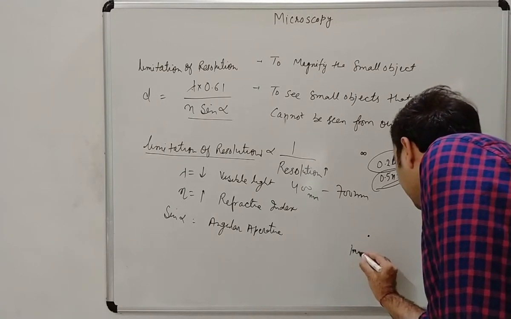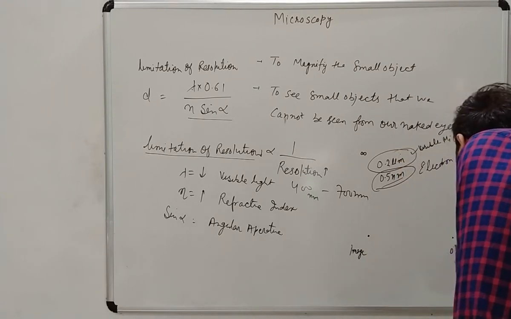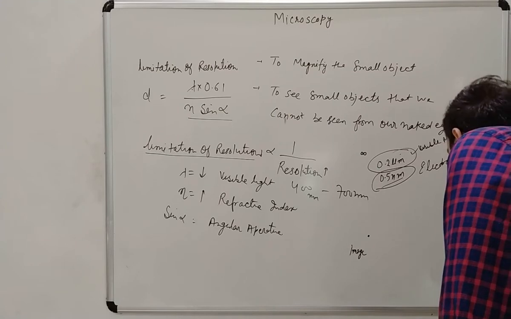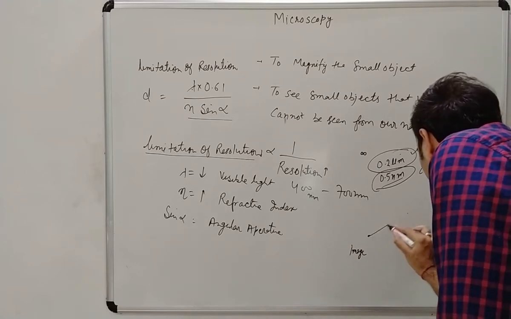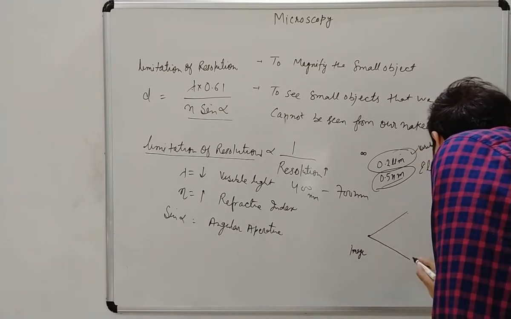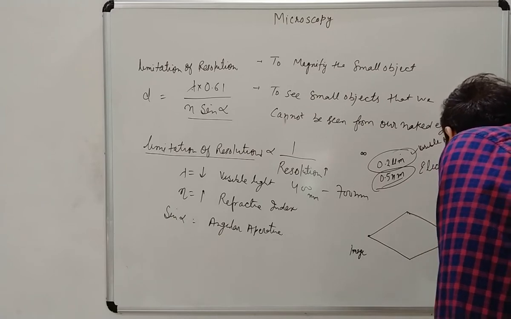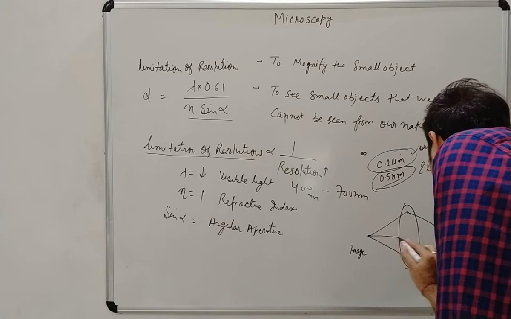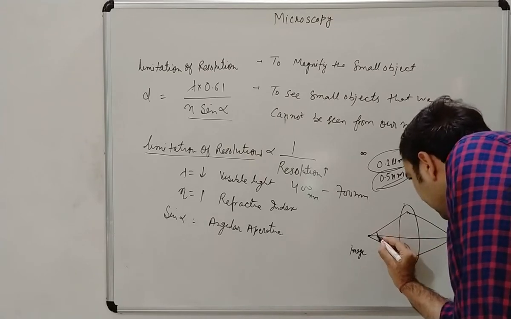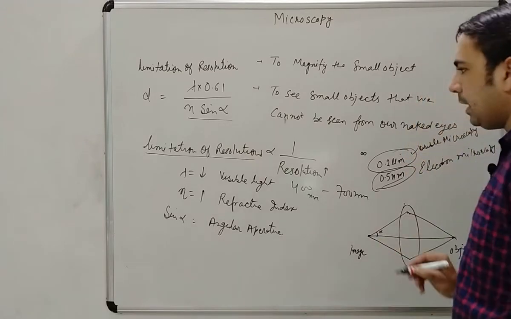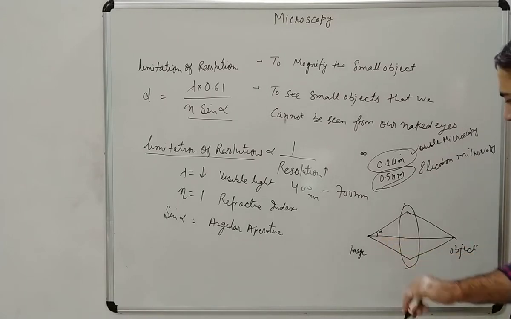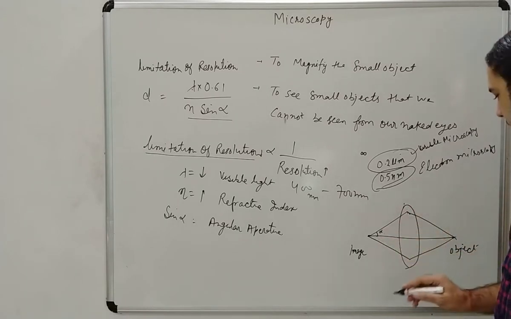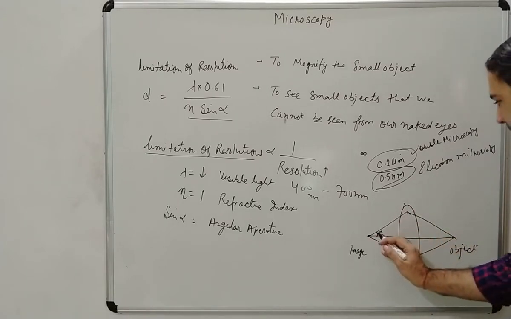This angle we call the numerical aperture angle. We take the distance between image and object and make an angle.